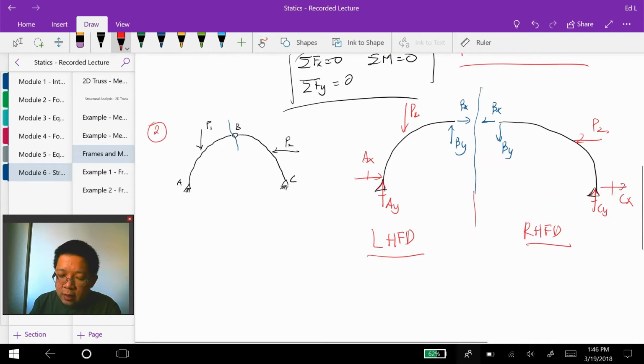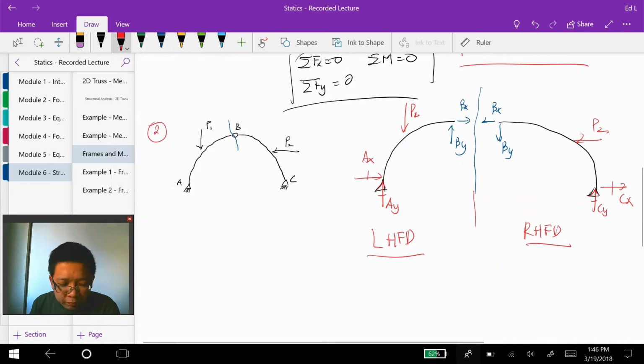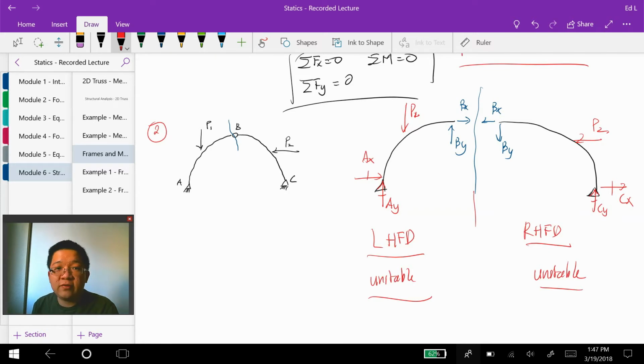In this case, if we just consider the structures individually without the pin connector at B, then both structures are unstable. In this case you can start with any free body diagram, either the left hand or the right hand free body diagram. You will obtain the same result.